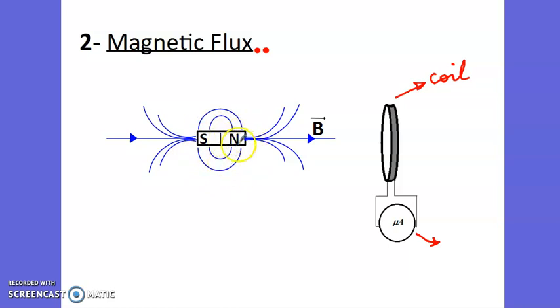And you also know that inside the magnet, we consider that the magnetic field is always from S pole to N pole. Outside the magnet, it is away from N toward S. Okay? Now the sense of lines. Clear?